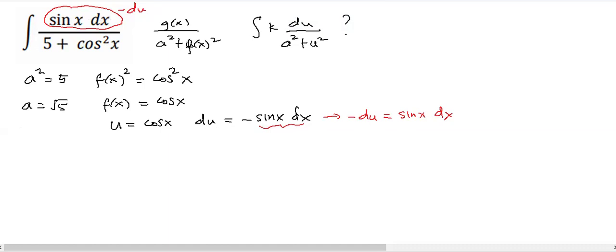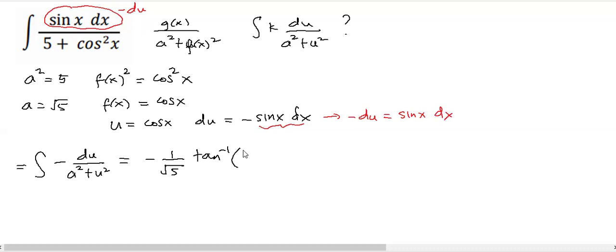So, the integral is now equal to the integral of negative du over a square plus u square. So, this is arctan. So, negative, si arctan ay mayroong 1 over a. So, 1 over square root of 5, and then arctan, tangent inverse of u.